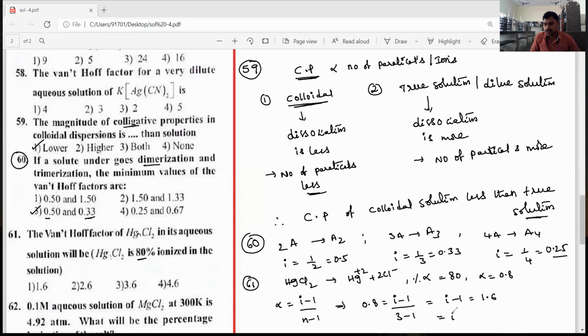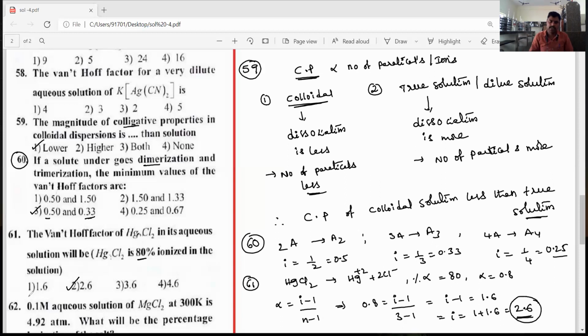Then i equals 1 plus 1.6, which is 2.6. So the answer is 2.6. This is for dissociation. Only 80% is dissociated, so according to the relation alpha equals i minus 1 by n minus 1, i is 2.6 only, not exactly 3. Because if it is 100% ionized, alpha equals 1, and then i equals 3.